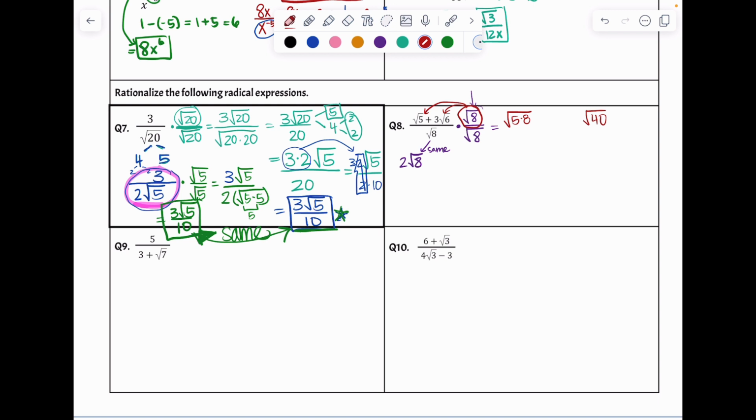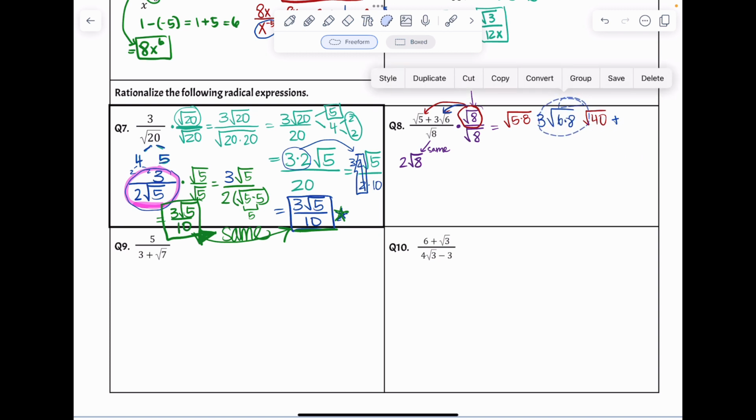And then square root of 8 times 3 square root of 6 is going to be 3 square root of 6 times 8. Oops, I should have written that here. I'm going to move it back. That should be here. Let me shrink it just a teensy bit.